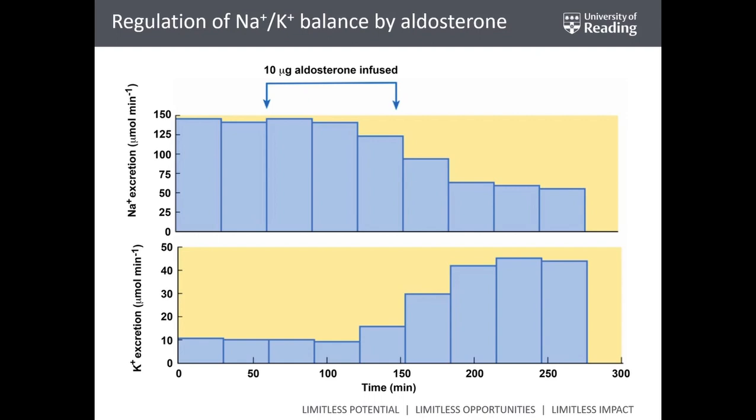So this sodium excretion, the concentration of sodium in the urine in micromole per minute, you will see that from the moment of the infusion of aldosterone, within just over an hour, the levels of sodium in the urine will start to decrease. And this is mirrored by a progressive increase in the excretion.